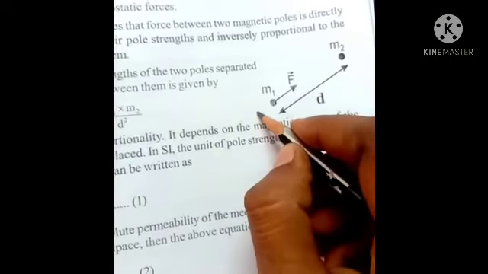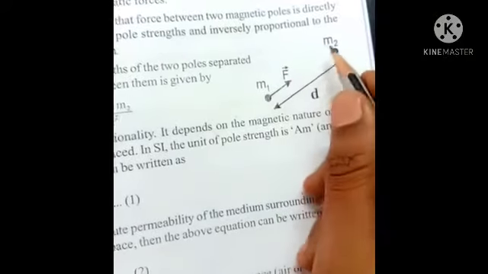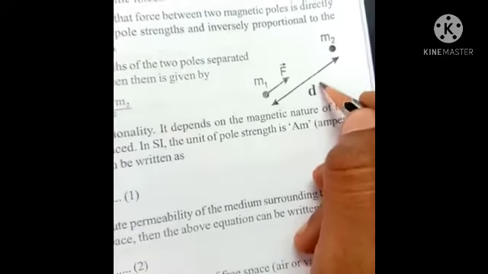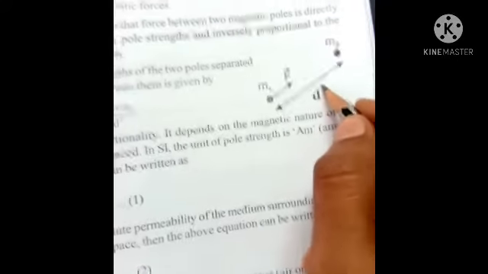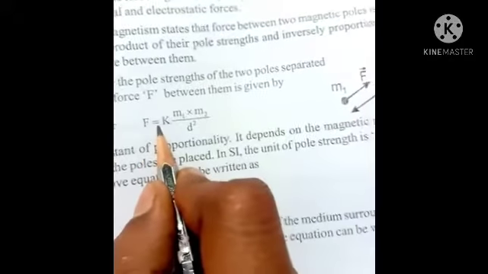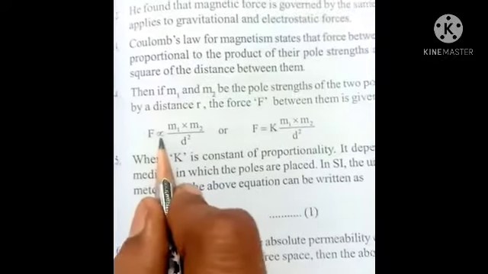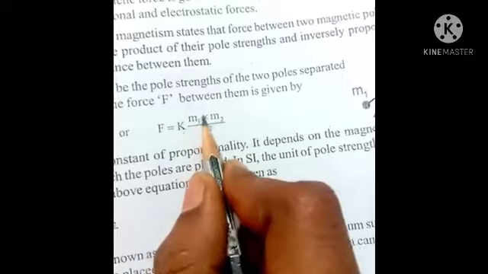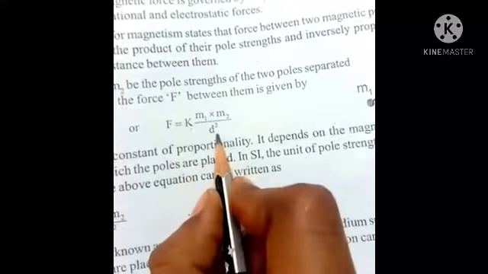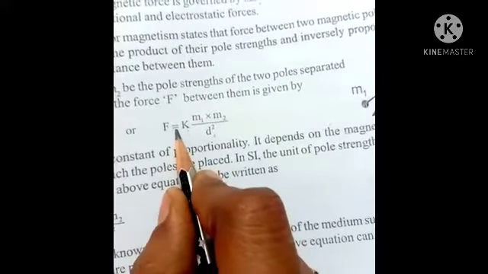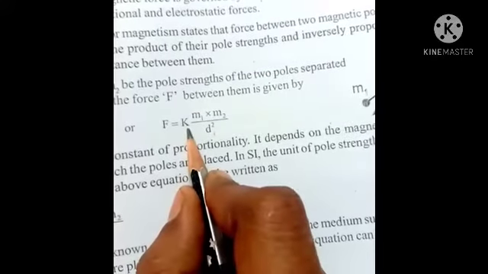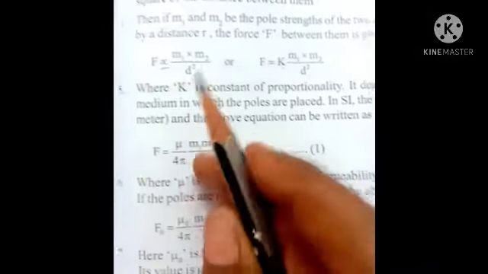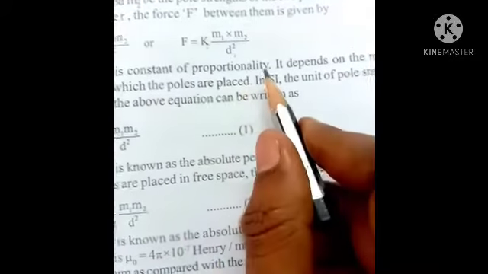Removing the proportionality, we put F equals K M1 into M2 by d squared. In the proportionality place we fill K, where K is the constant of proportionality.